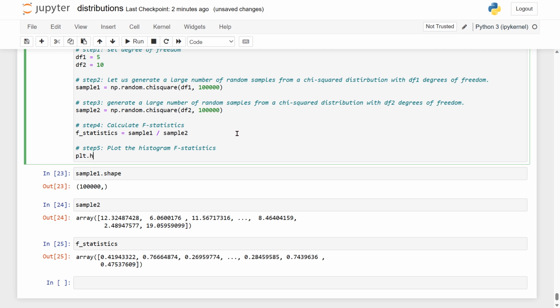So plt.hist, and it takes f_statistics, those are the values it will take. And how many bins? I'm going to go with bins of 50, then density is True, then finally alpha is equal to 0.5.